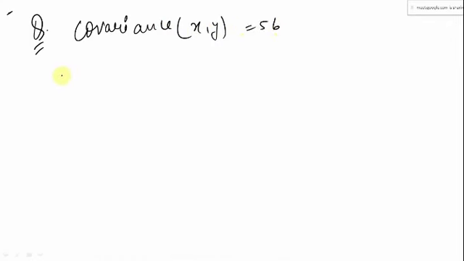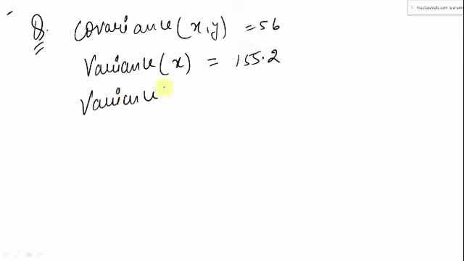So the question is: the covariance between x and y is 56, the variance of x is equal to 155.2, and the variance of y is equal to 110.